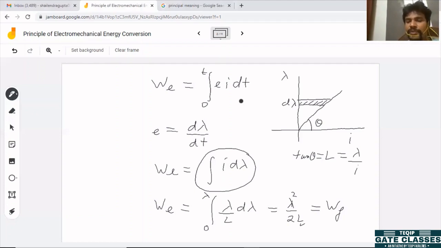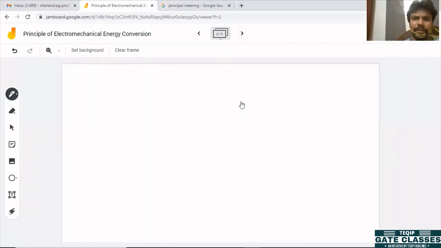But to do this, we need to solve this whole magnetic circuit and get this lambda, the phi. Then only we can calculate the energy stored in the magnetic field. But there is another way to do this. It is in terms of co-energy.